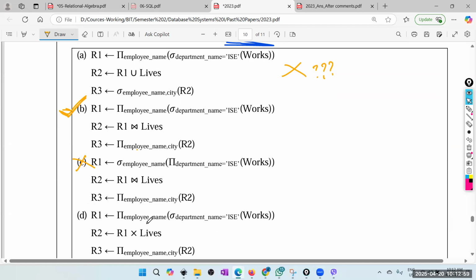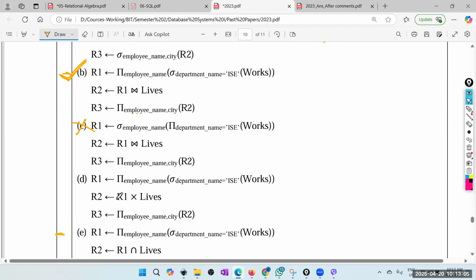Like employee name. So then you join it with lives. Let's assume it's a natural join. We call it R2. From there, we take employee name. Is it same as this? Wait a minute.